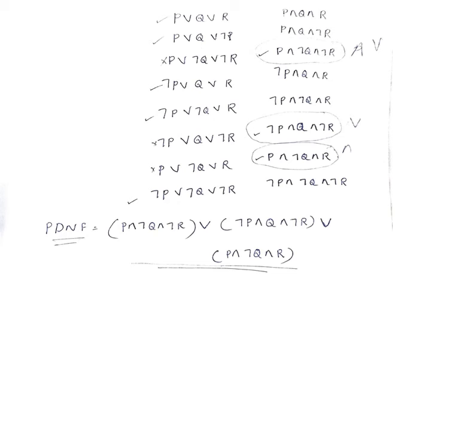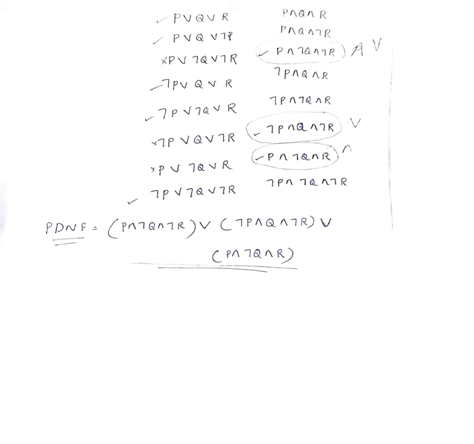We know there are 8 combinations of max terms for three variables, P or Q or R, P or Q or negation R, and so on, and 8 combinations of min terms. We write all the combinations and tick the terms that are in the PCNF which we already found. Then we take the min terms of those which are not in the PCNF.